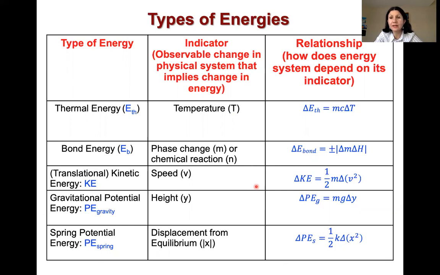So first we started with thermal phenomena, where we looked at thermal energies when temperature is changing, and bond energy when a substance was going through a phase transition, or in the case of a chemical reaction.